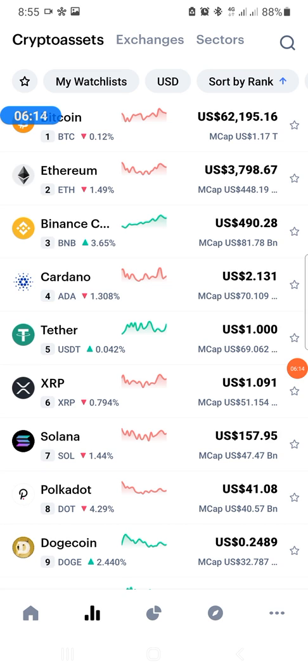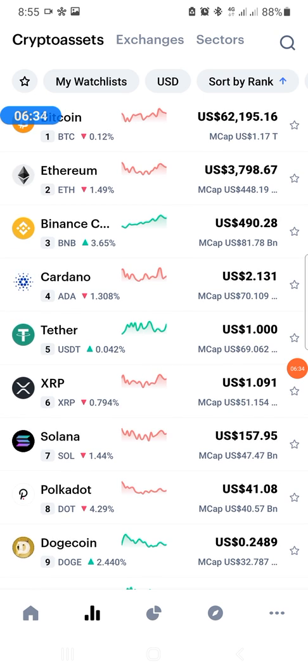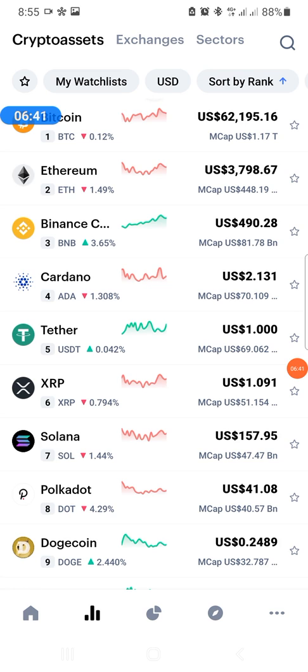So let's know what crypto trading is all about. Crypto trading is simply the buying and selling of digital currency using price movement. The person that buys and sells digital currencies based on price movements is called a crypto trader.